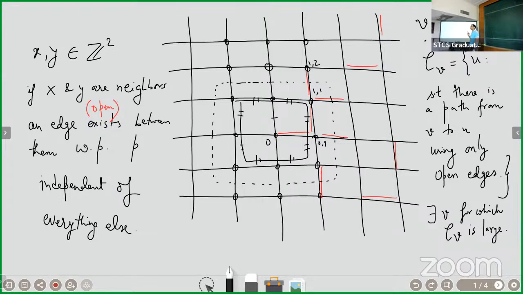But now to make use of it, you'll have to use this translation and an additional property: when is an edge in the translated lattice actually open? You're going to get two lattices, right? One the original one, the other the translated lattice. Now you have to define each edge in the translated lattice to be open or closed. How do you define that in the question?